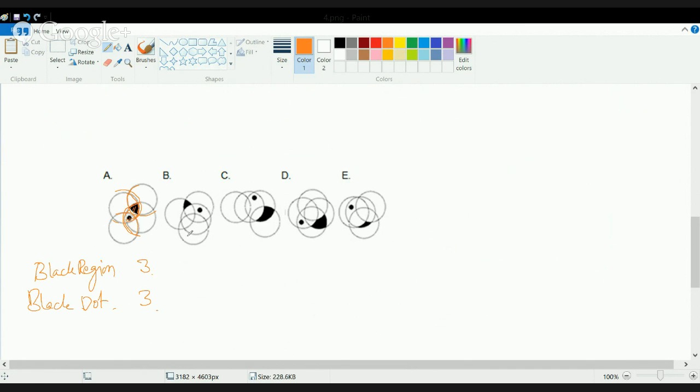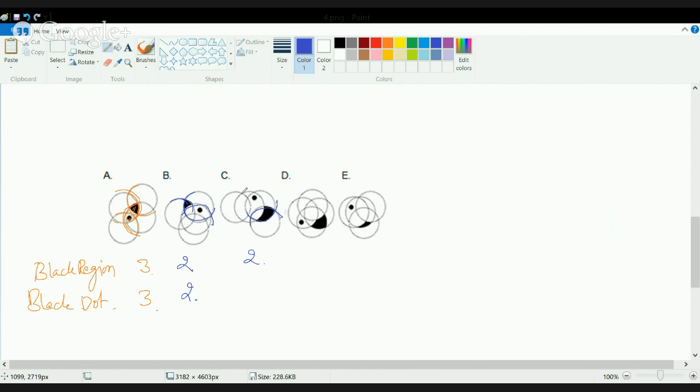So 3 circles. Here if I see, this black region is formed by intersection of this and this. So there are 2 circles, and this black dot is formed by intersection of this and this. So again 2. Here if I try to understand this black region, it's 1 and 2, whatever is lying between these two.